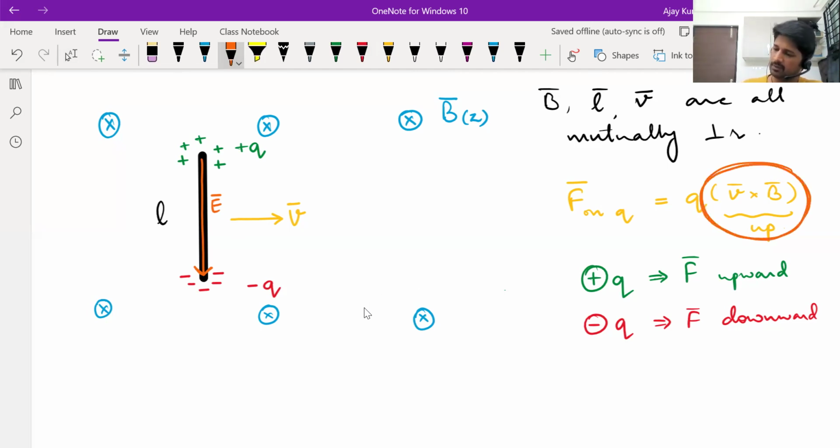V cross B is perpendicular to both V and B. If velocity is in the x direction and magnetic field is in the z direction, then this cross product will be in the positive or negative y direction, and we took the length of the rod conveniently along that direction. Later we'll discuss what happens if the rod is tilted, and what if velocity is not in the x direction. But remember that we are taking a convenient case for now.